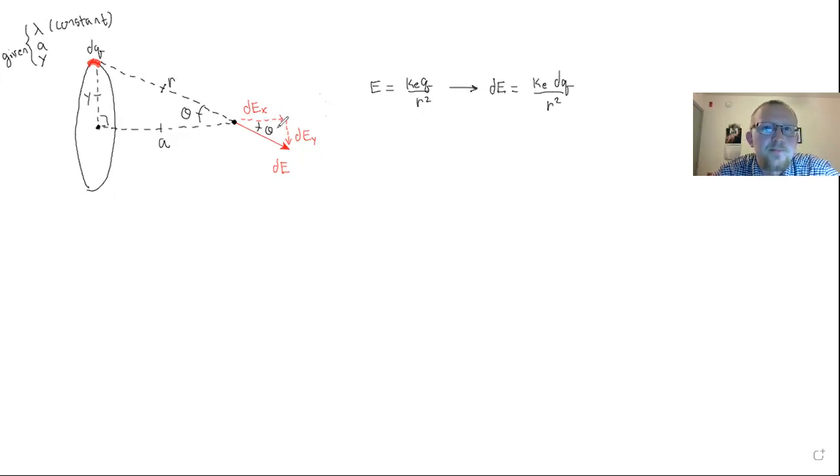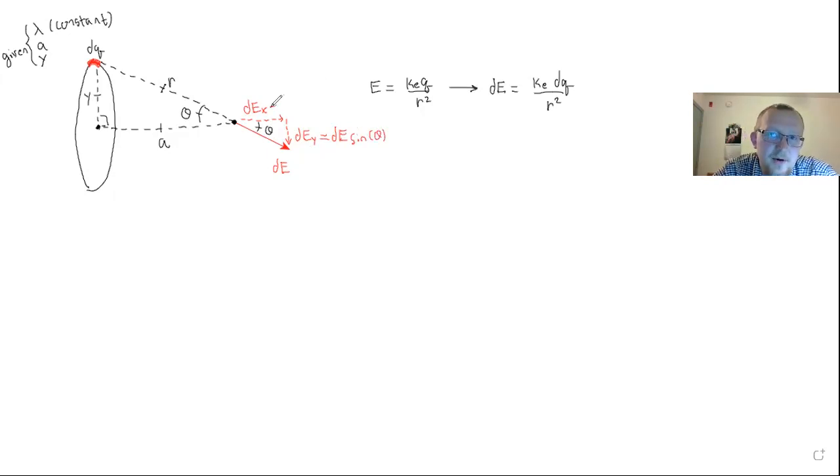The small contribution of the electric field due to the small charge in the y direction is going to be equal to the hypotenuse, which is dE, times the sine of the angle theta.